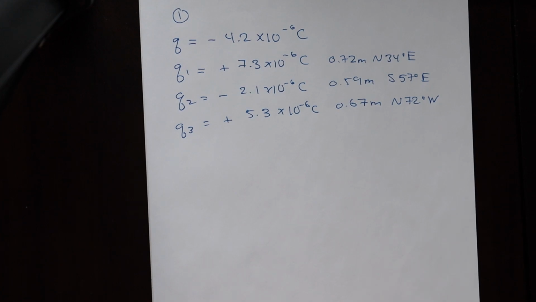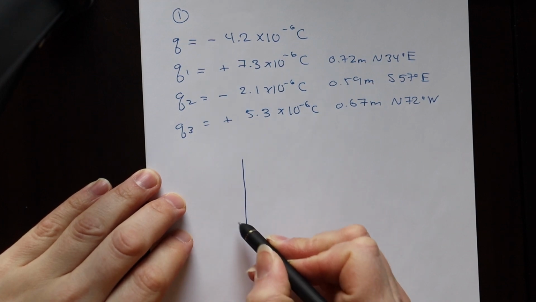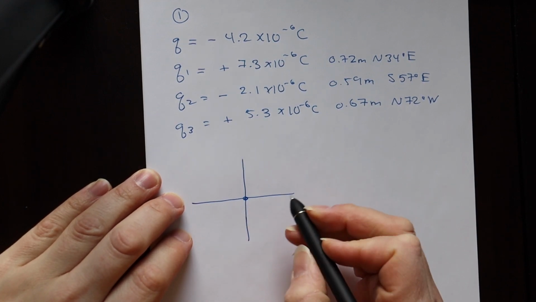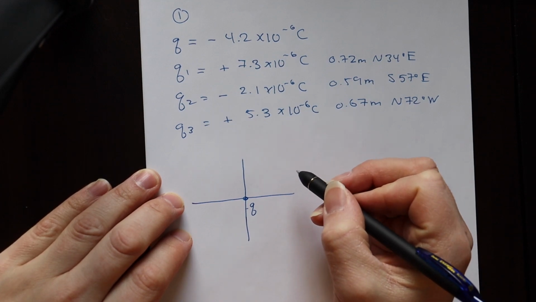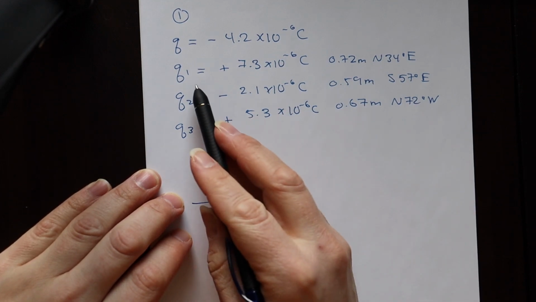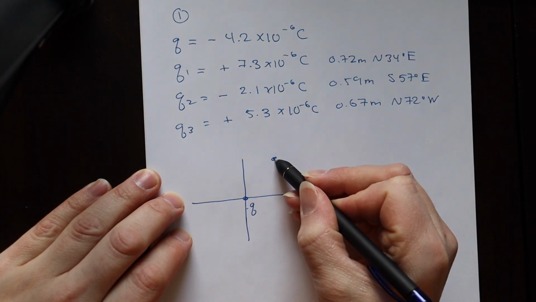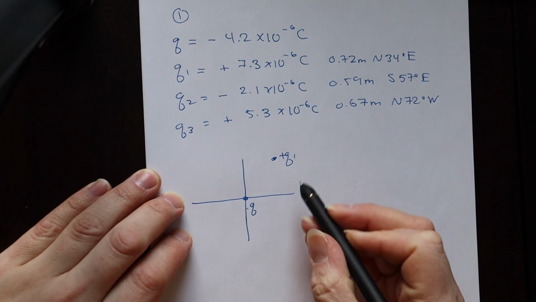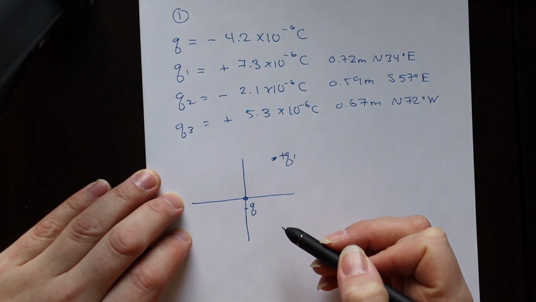Alright, so our next step is to draw this. As we talked about, Q is the only one that's not fixed, and the rest of them are. So I'm going to approximate where these are. 0.72 meters away, north, 34 degrees towards the east, this is Q1, and this is positive. The positives and negatives will come into account a little bit later on.